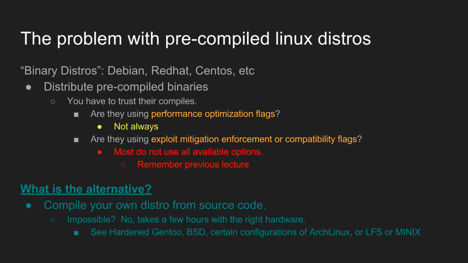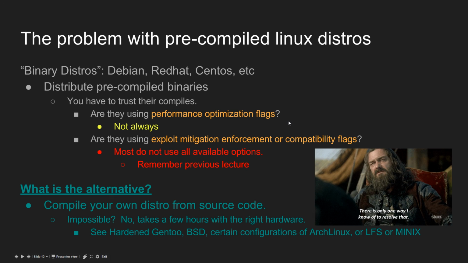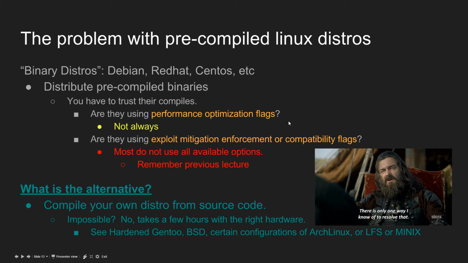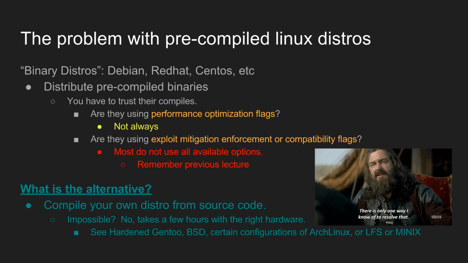And I'd point you all to the previous lecture where we looked at checksec for Ubuntu 15.04 and just saw all the apt-get packages that didn't have PIE support, didn't have RELRO, and it was just crazy. They're just so exploitable if it's part of your attack surface. And so the real alternative here is to compile your own distribution from the source code.